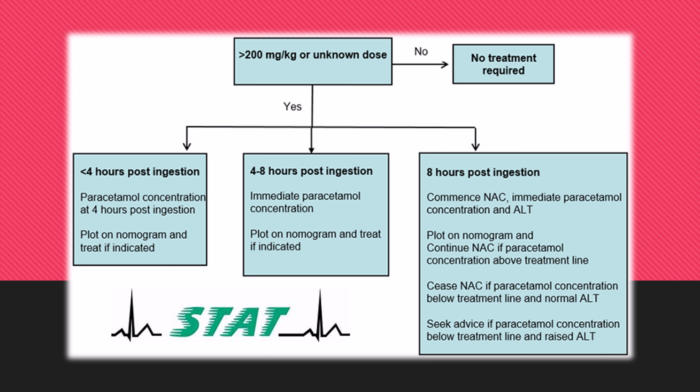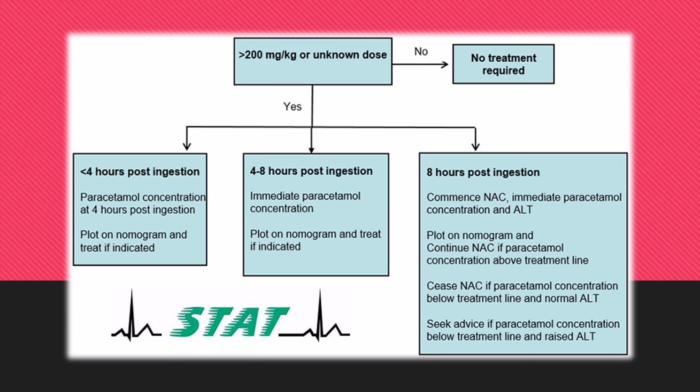If the ingestion is staggered, if the timing of the overdose is uncertain, or if the ingestion is greater than 4 hours ago and blood test results will not be known within the 8-hour window of treatment. Consider waiting for blood results before prescribing NAC if ingestion again occurred more than 4 hours ago and blood results will be known very soon, within 8 hours since ingestion.